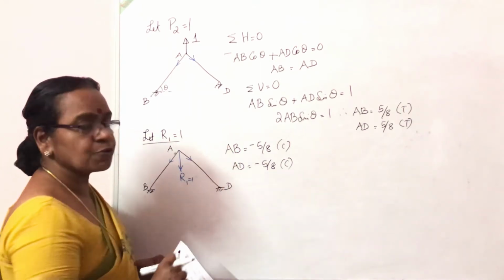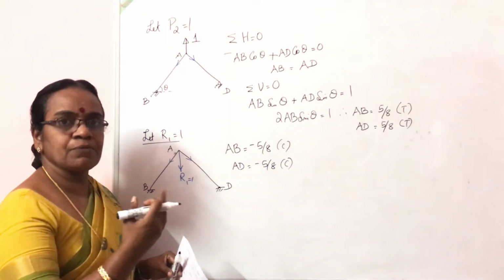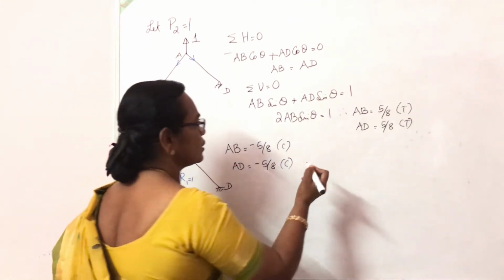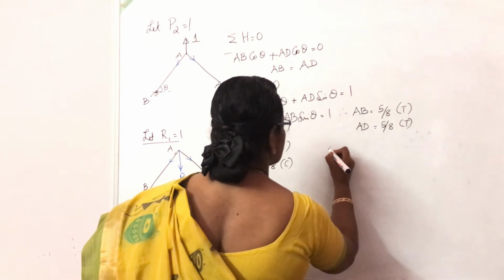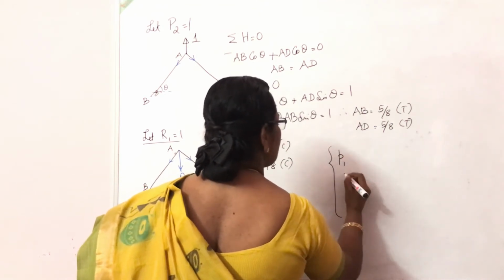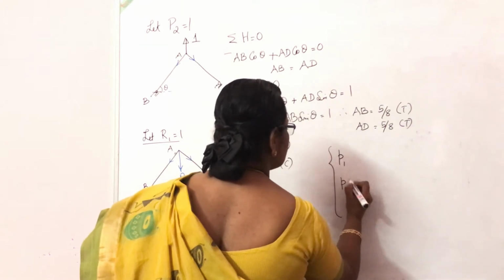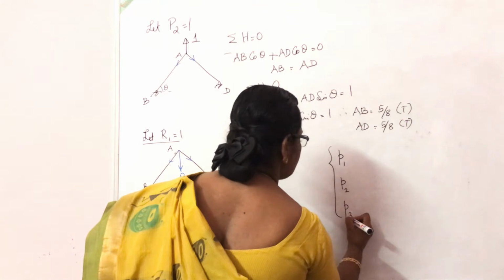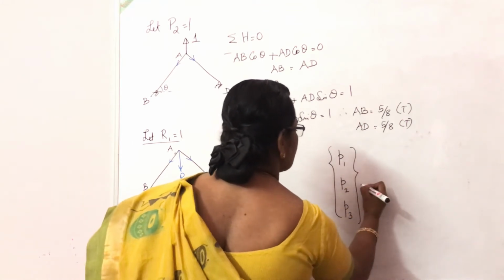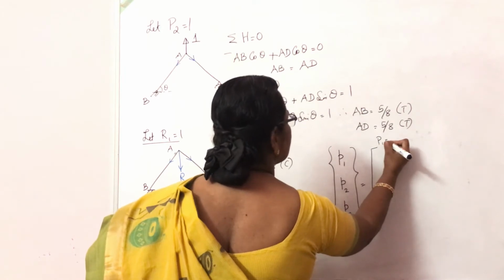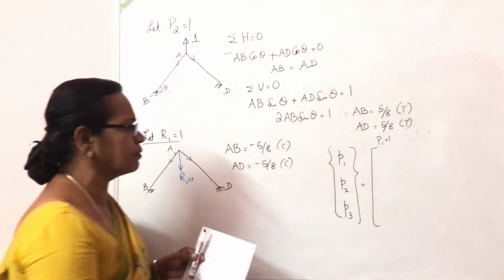Now we have calculated the forces in members for P1 equals 1, P2 equals 1 and R1 equals 1. So it is easy to write the transformation matrix. So transformation matrix is what? Force in member 1, P1. Force in member 2, P2. Force in member 3, P3 is equal to, when we applied P1 equal to 1, what are the forces in the three members?